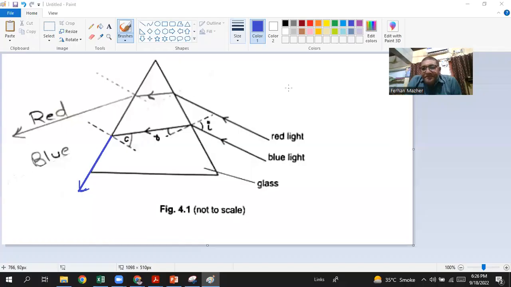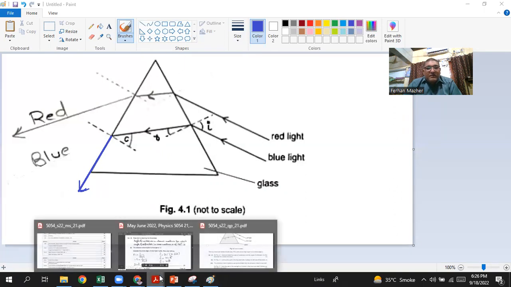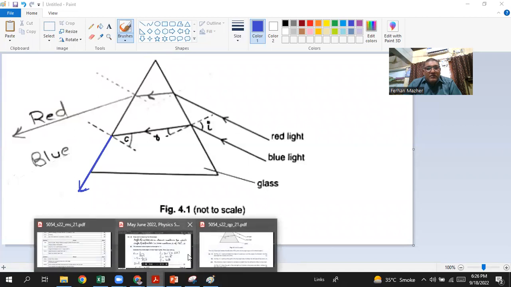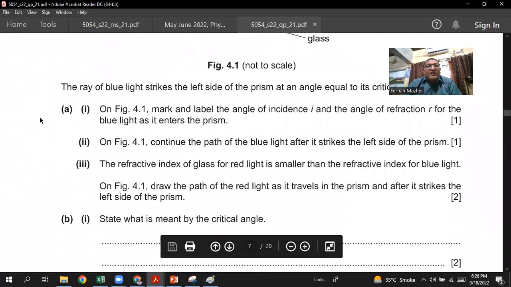Okay, so I'm back. Here the angle of incidence in the dense medium is equal to the critical angle, so when the light comes into the air, its angle of refraction will be 90 degrees. So it will travel along the surface of that prism. We are done with that.